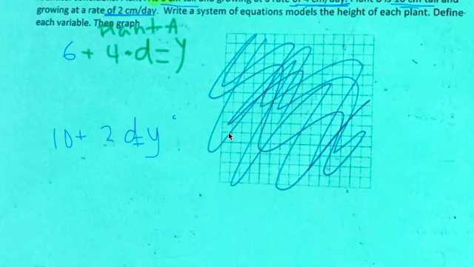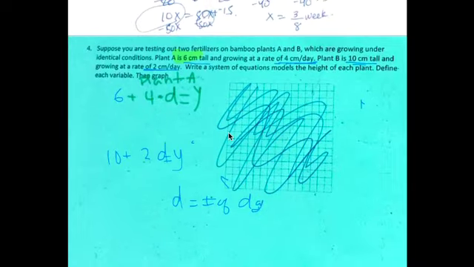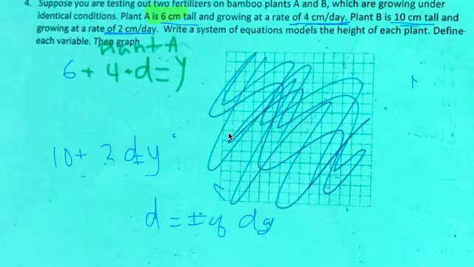D is the number of days. That's the equation.